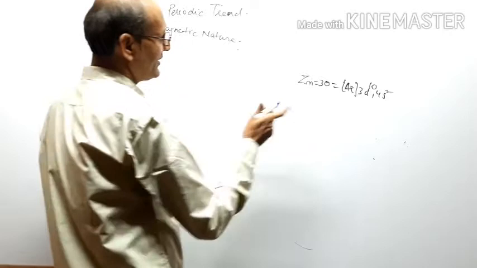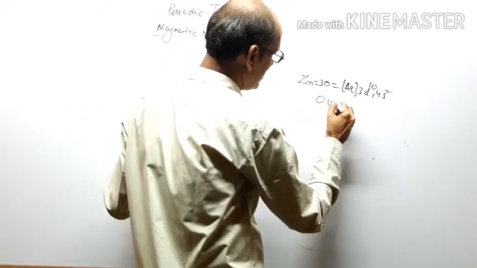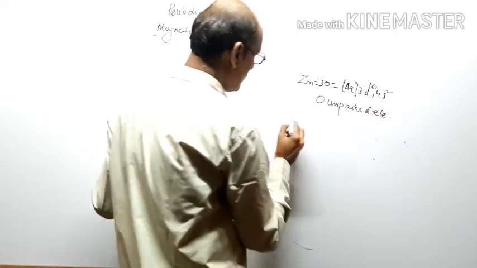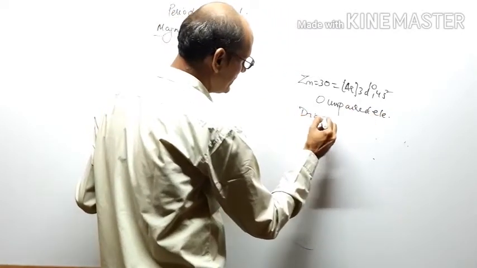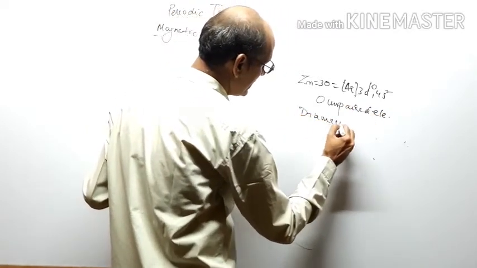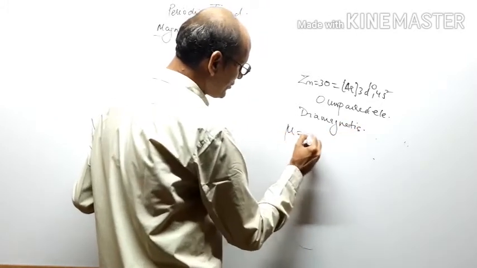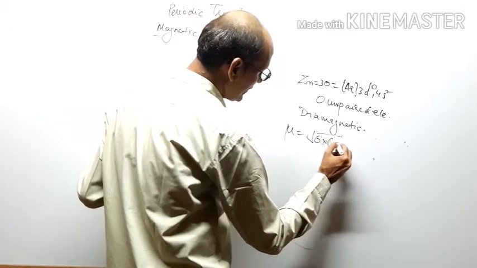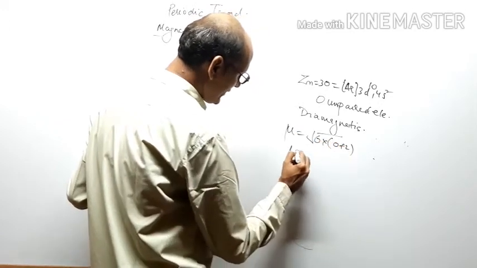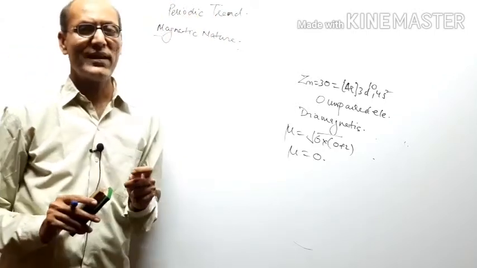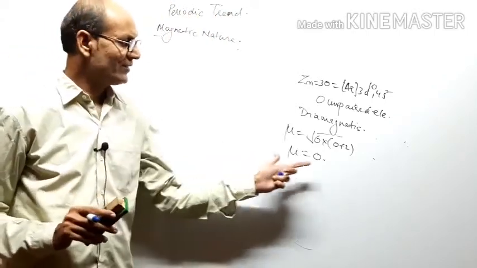So 0 unpaired electrons, so it will be diamagnetic. And mu is equal to root of 0 into 0 plus 2. That means mu is equal to 0, that means the paramagnetic moment will be 0.